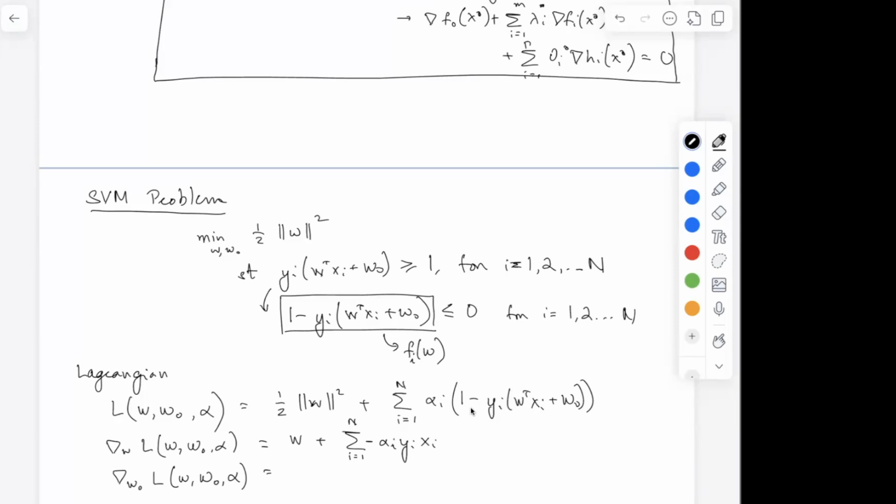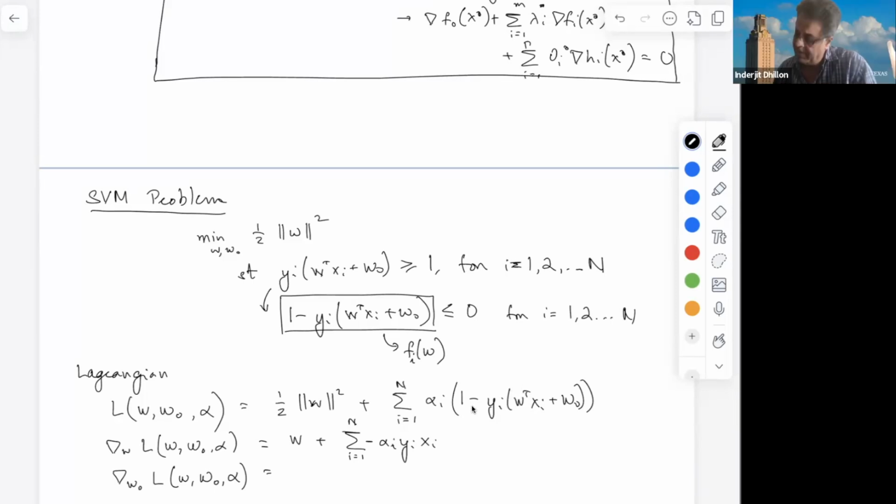Yes, this minus sign. And that I will set to 0. So look at the amazing thing that comes out. It's saying that w at the optimum is actually going to be a linear combination of the x i's.